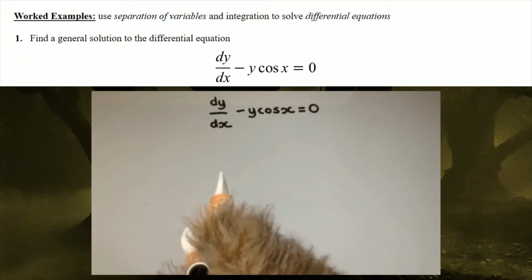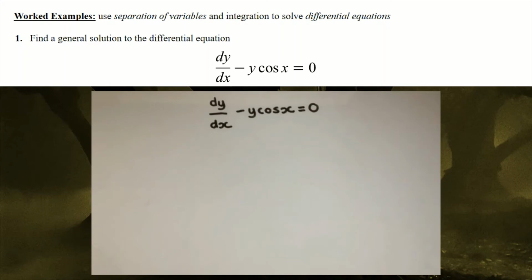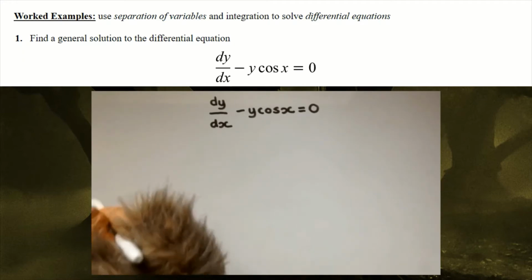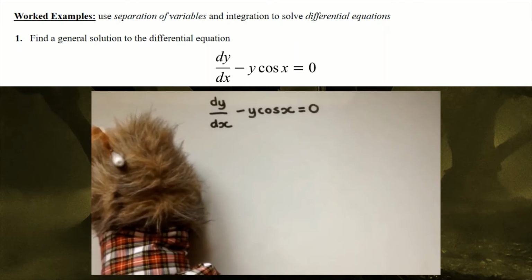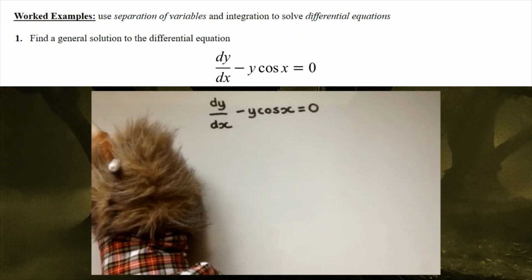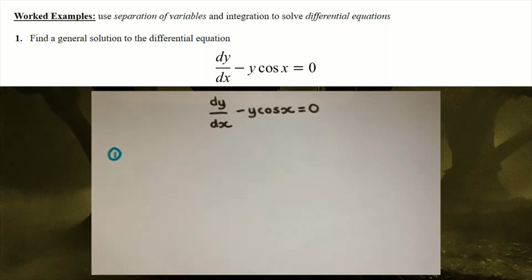So dy by dx subtract y cos x equals 0. So remember, the first step is we have to make dy by dx the subject first. Let's do that. So this is step 1. So number 1. And without writing it out, I'm just going to do it. So dy by dx is the subject.